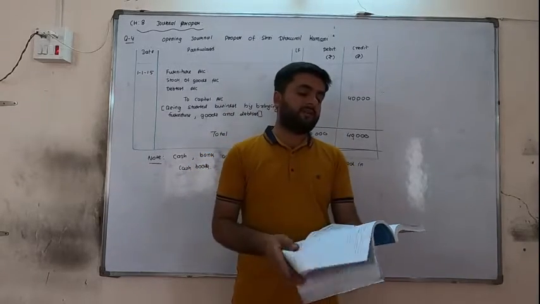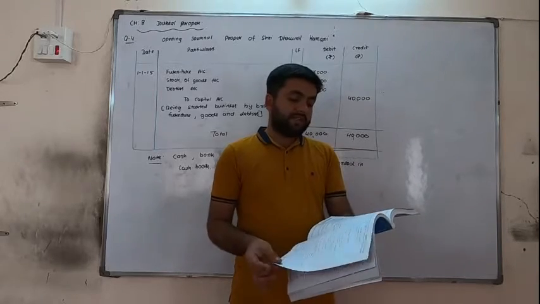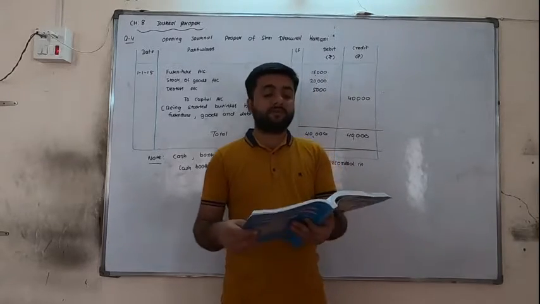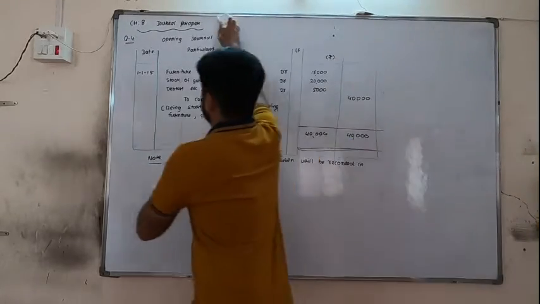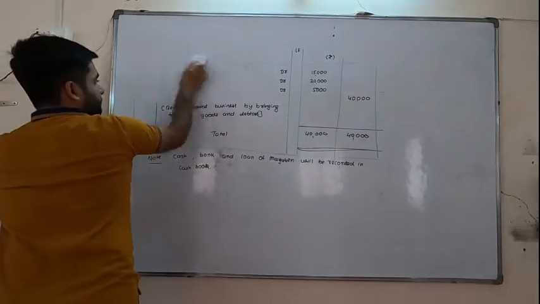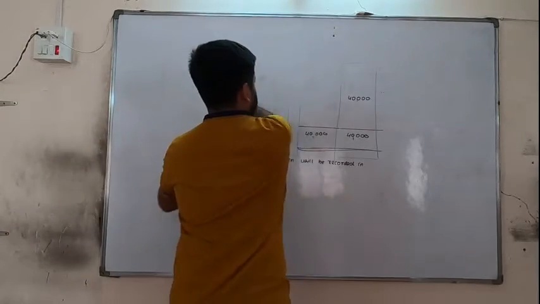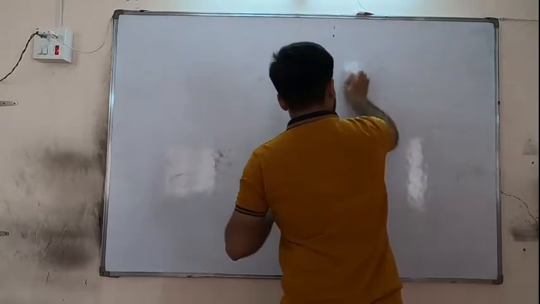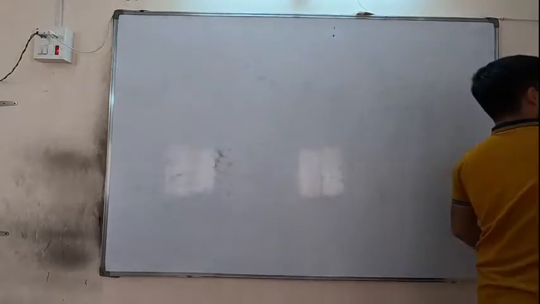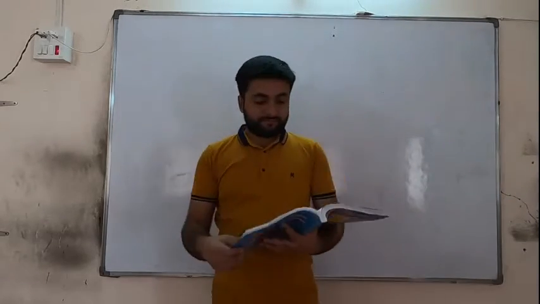So now we are seeing the sums for all these types. That is the 5th sum and 6th sum on page number 199. So now I am reading sum number 5.